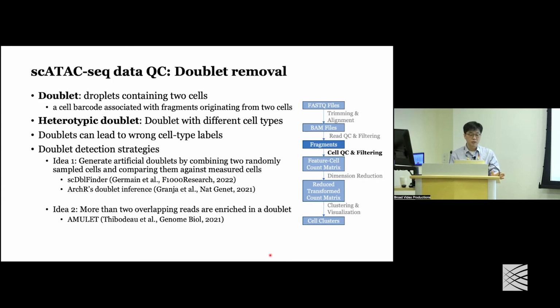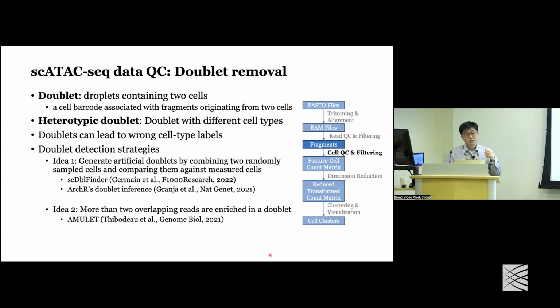The second idea is more interesting. This is specific to ATAC-seq, and it leverages the fact that diploid cells can only generate up to 2 overlapping fragments. Remember that once the material is generated by the ATAC-seq, it's gone. It cannot be generated one more time, right?